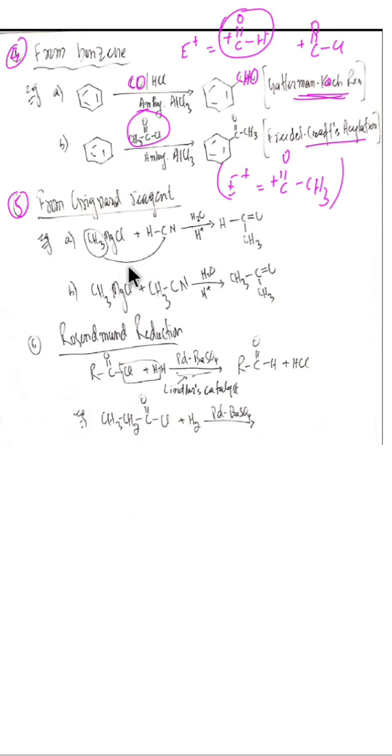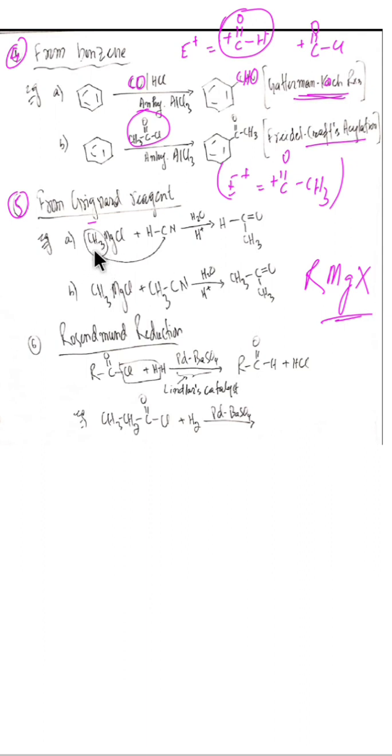So from Grignard reagent we can prepare both aldehyde and ketone again, and Grignard reagent is nothing but RMgX. RMgX is the Grignard reagent. CH3MgCl is a Grignard reagent, and here this CH3 will have a partial negative charge, which will be a very strong nucleophile.